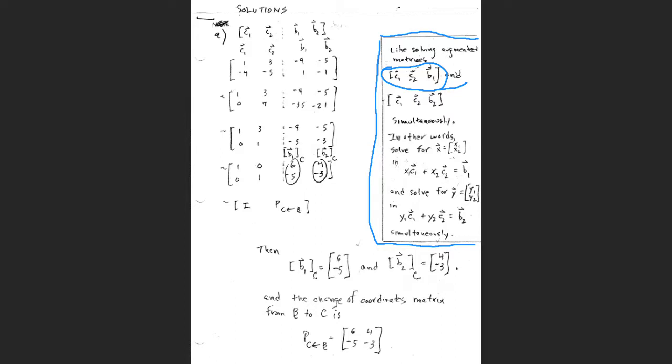If I want to get the two coordinate vectors at once, I can set up this augmented matrix. You see? Finding both coordinate vectors involves solving an augmented matrix whose matrix A is just C1 and C2.